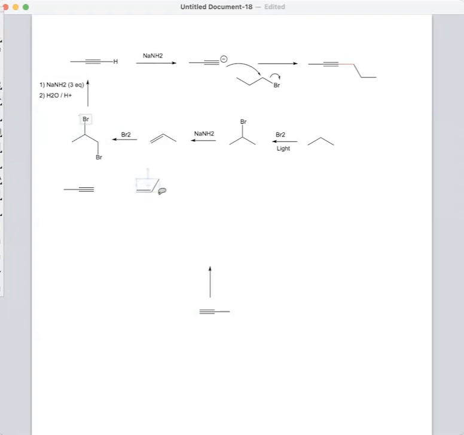Is it alkynes because of s character? Is it alkenes? Remember, if we talk about reactivity, we need to think about electrophilic addition reactions. The slowest step in an electrophilic addition reaction is formation of a carbocation, right? So that's the slowest step. The carbocation formed by an alkyne, the carbon is sp hybridized.